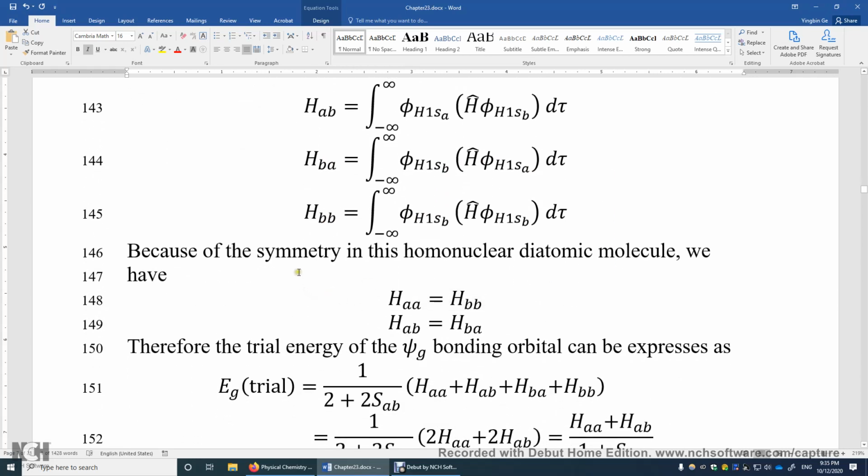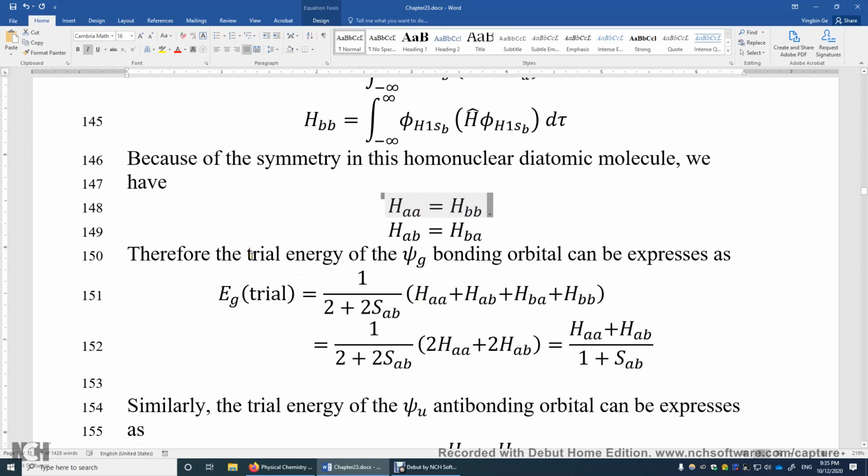Because of the symmetry in this H2 plus homonuclear diatomic molecule, we have HAA equals HBB. HAB equals HBA. So this molecule has a D infinity h symmetry. Or you can say H2 plus belongs to the D infinity h point group.